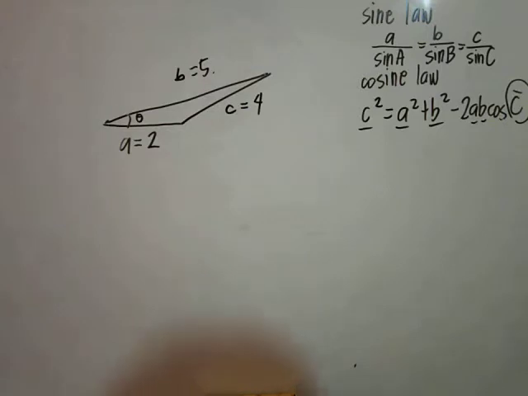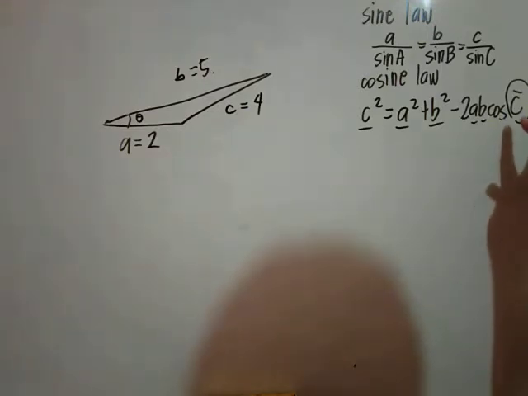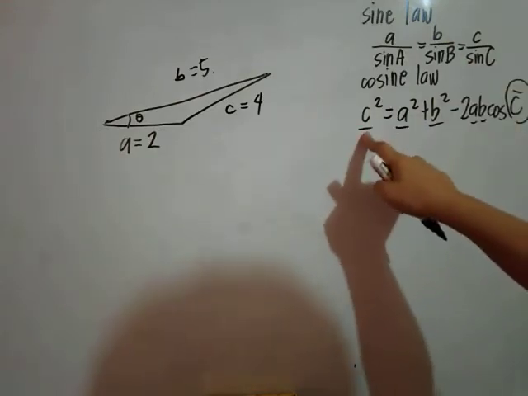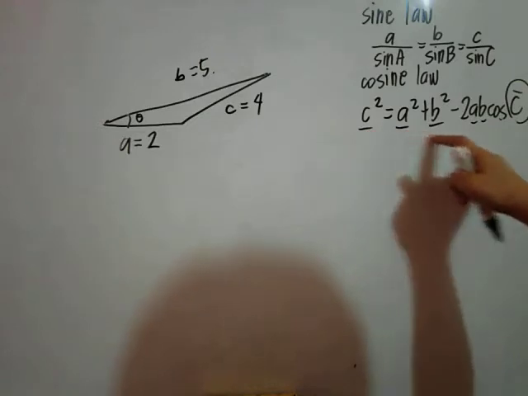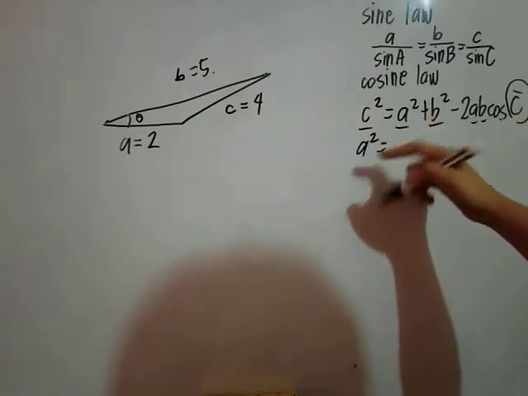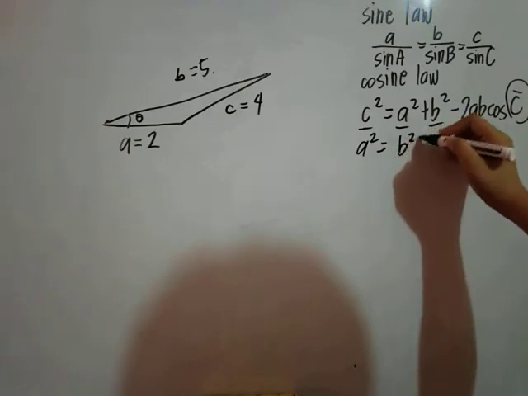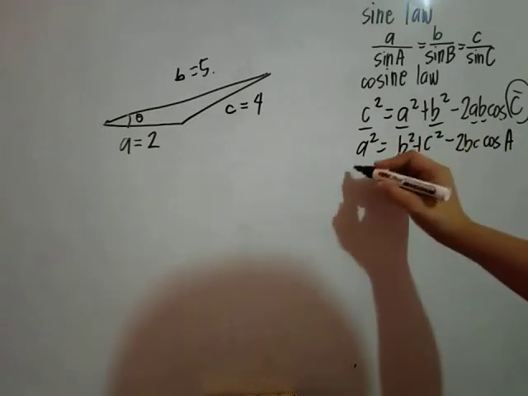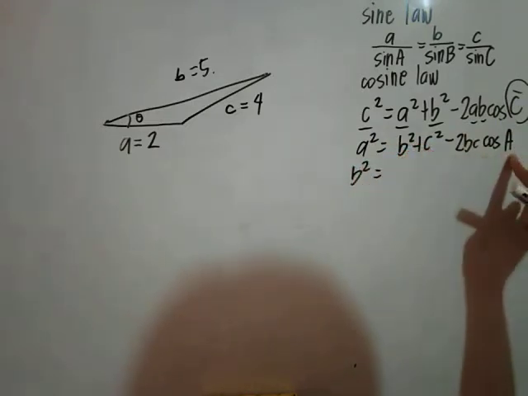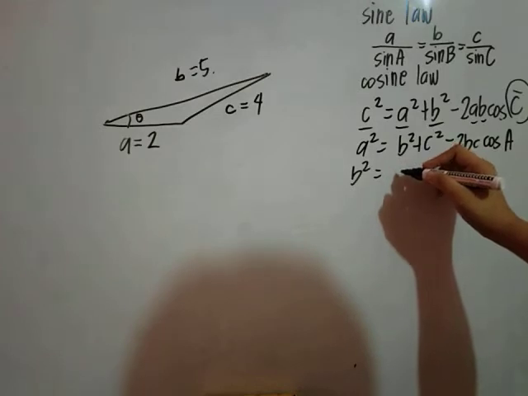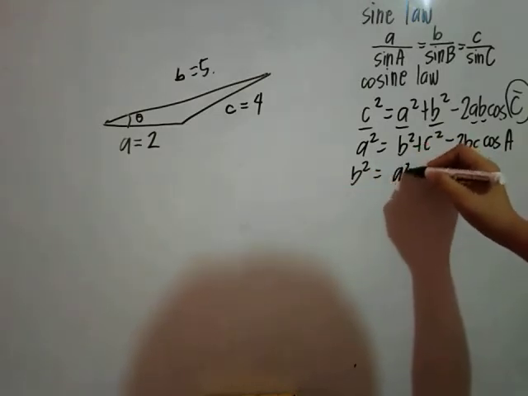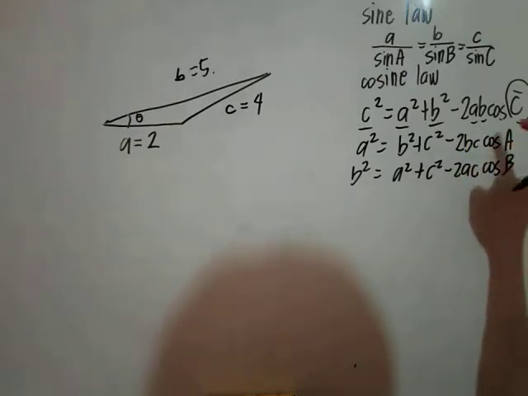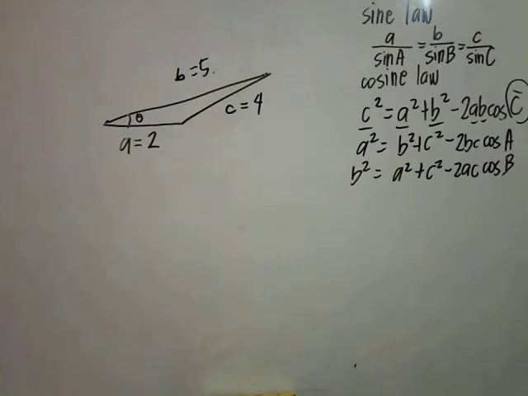Yung angle na kinoconsider dito is yung opposite nung side dito. Pwede itong balik-baliktarin. Kung a squared yung hinahanap mo, we have b squared plus c squared minus 2bc cosine a. Kung b naman yung hinahanap mo, yung angle ni b, palit-palitan mo lang. We have a squared plus c squared minus 2ac cosine b. Pwedeng ganyan yung format niya.